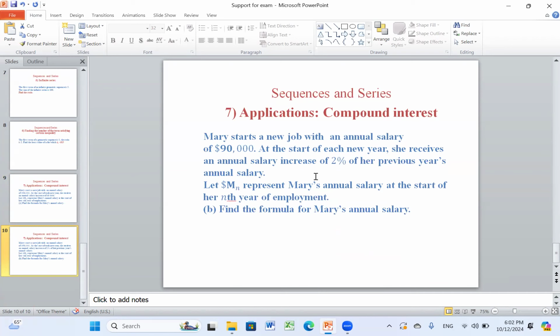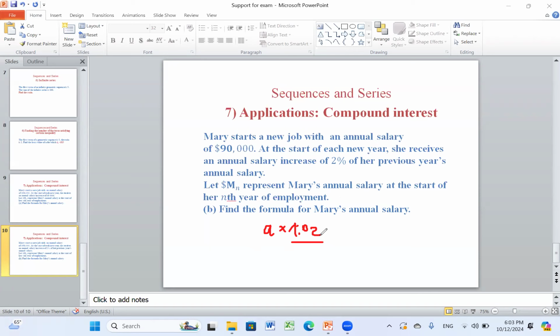But the solution to such problems comes down to the basic mathematics that we know. We are also requested to find the formula for Mary's annual salary. We can see it is a 2% increase. So we know that if number A increases by 2%, it means that we multiply this number by 1.02. So this is the increase factor here, 1.02.